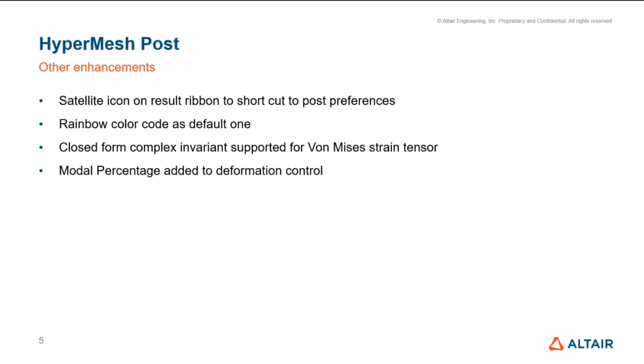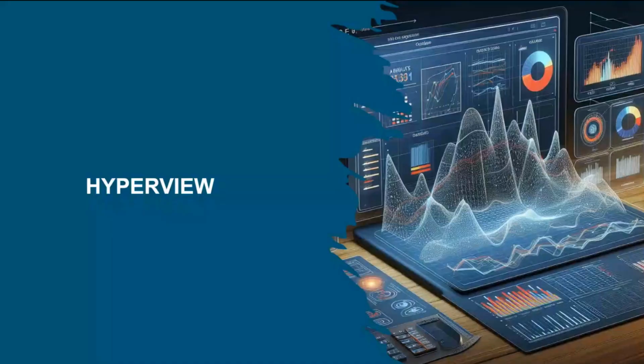Obviously, we have been working hard to enhance performance and fixing some other issues reported by our customers. But all in all, this is what we did for HyperMesh Post for the 2025 release. So now, without any delay, I'm going to hand it over to Varun for HyperView.